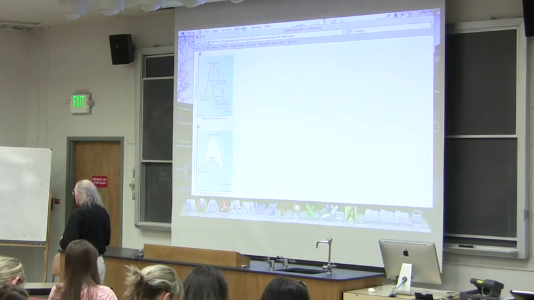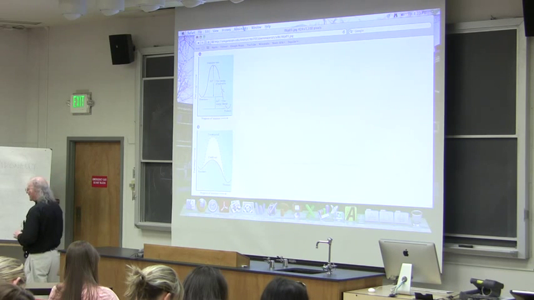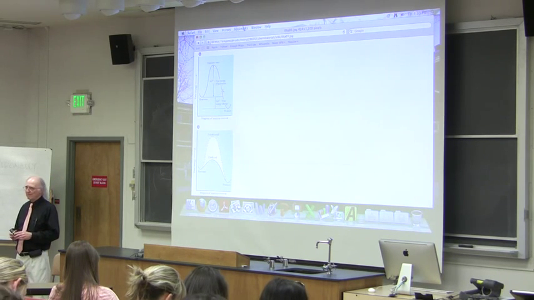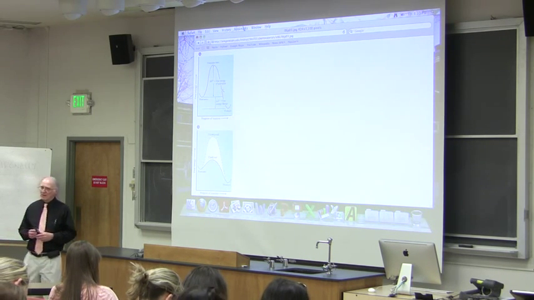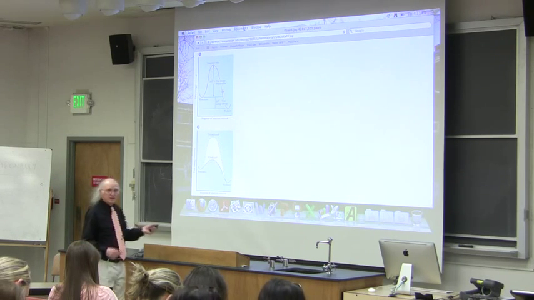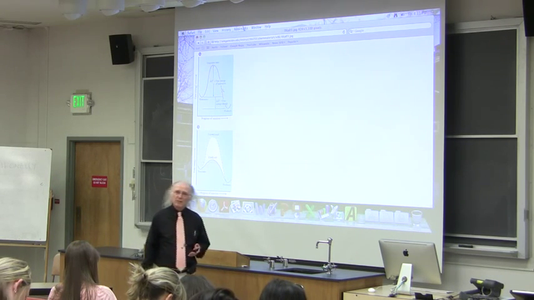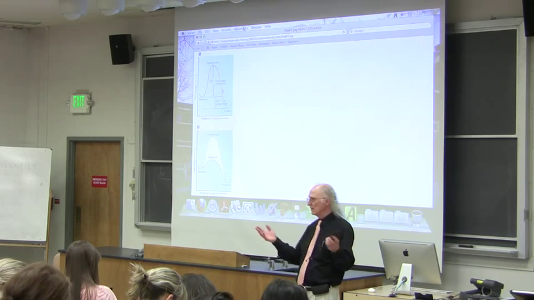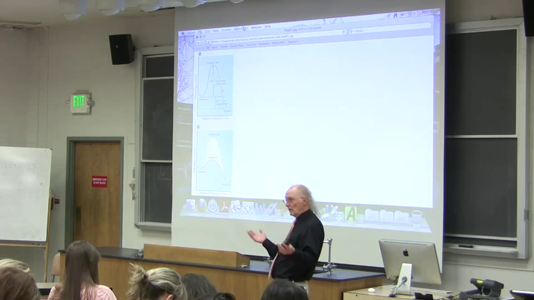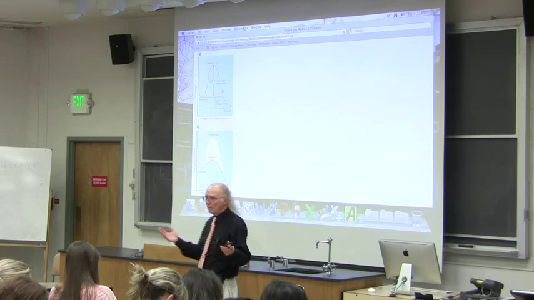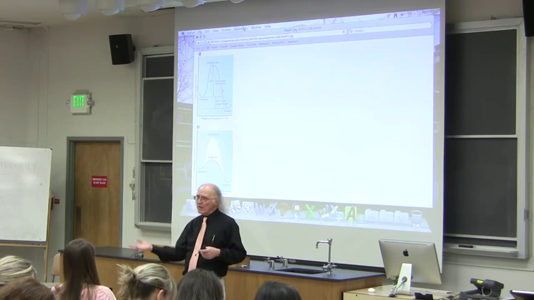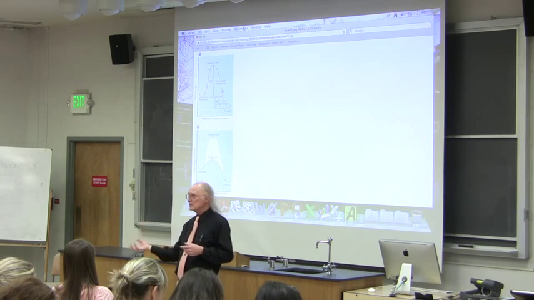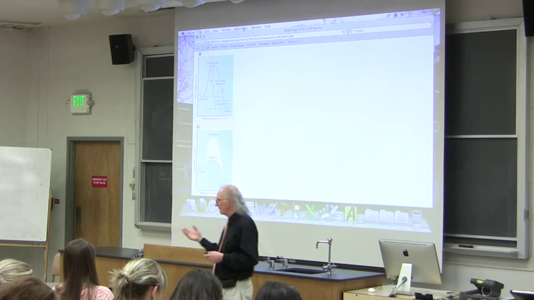They only affect the activation energy. The activation energy turns out to be the biggest limitation in the rate of reaction. The activation energy is the rate limiting thing for how fast a reaction goes. If we lower the activation energy, we can increase the rate of the reaction enormously.